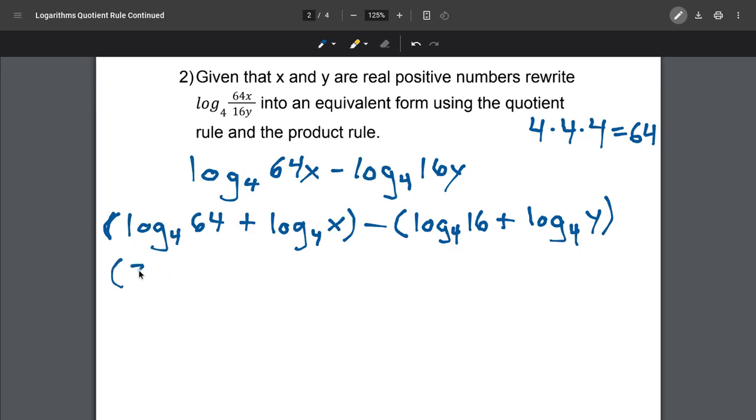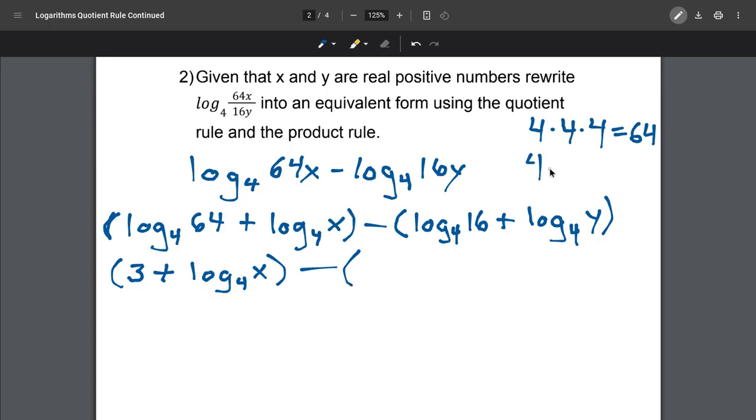So we'll have 3 plus, we still have log base 4 of x, and then we're subtracting now log base 4 of 16.